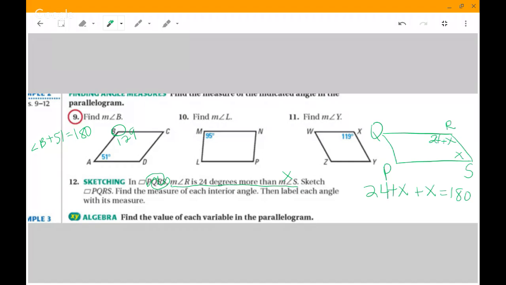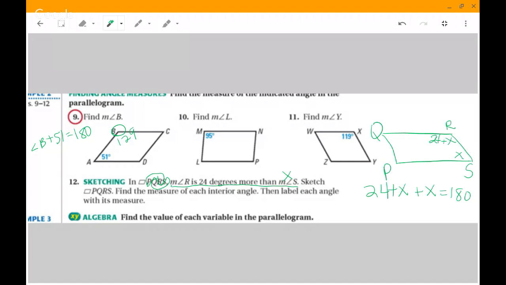In the past when people missed this one, they only put one X in there, thinking one angle equaled 24, but it's 24 more, not just 24. Does that setup make sense? That'll help you solve for X, which is angle S.